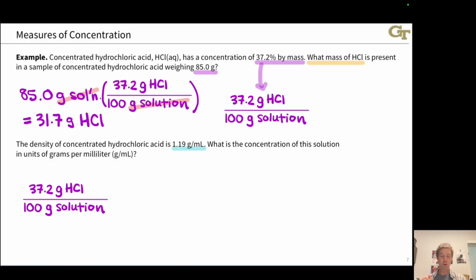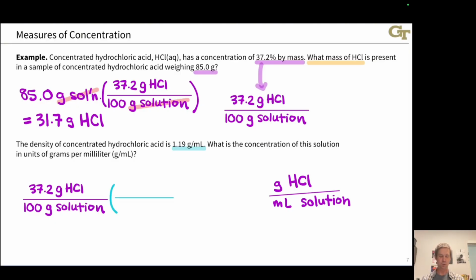Where we want to go for our final result is something that has grams of HCl in the numerator, and then in the denominator, we want milliliters of solution, right? And so we need the grams of solution per milliliter of solution, or the density, in order to do this.